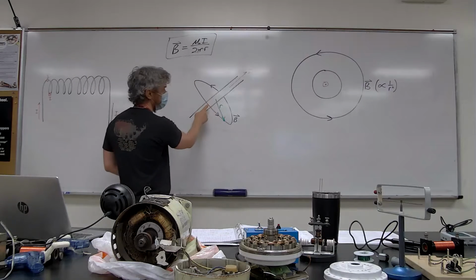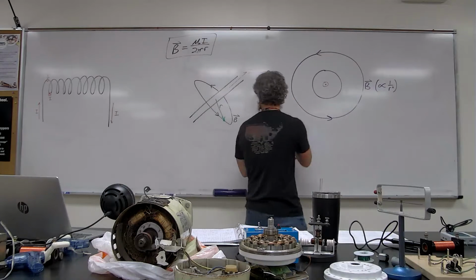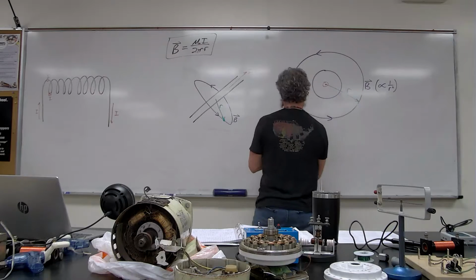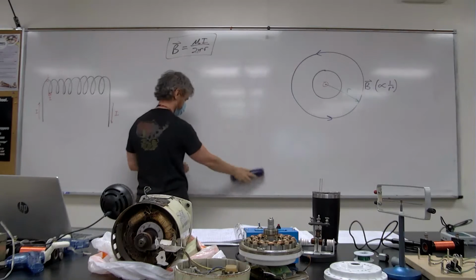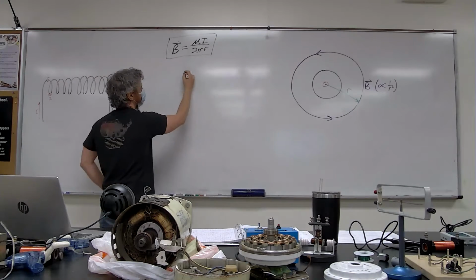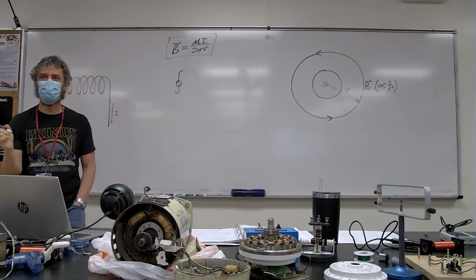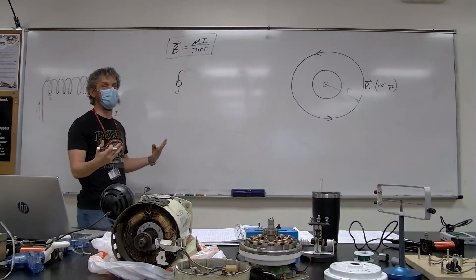So let's say, and here's the same diagram, I got the same diagram over here, so I can erase this. Just to show you, because I want to make sure that we understand how Ampere's law works, because you use Ampere's law way more often than the Biot-Savart law. Ampere's law says that the closed loop integral, now it's not a closed surface like a Gaussian surface, it's a closed loop.